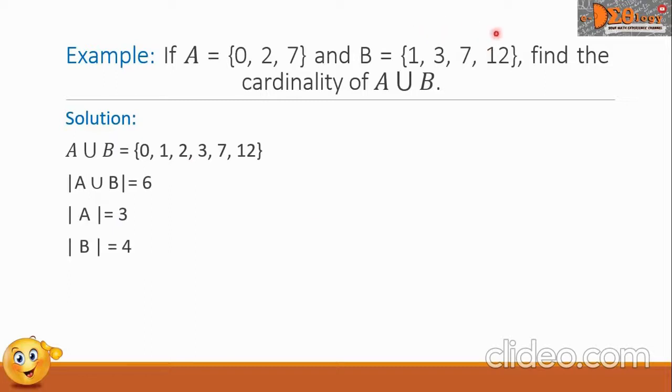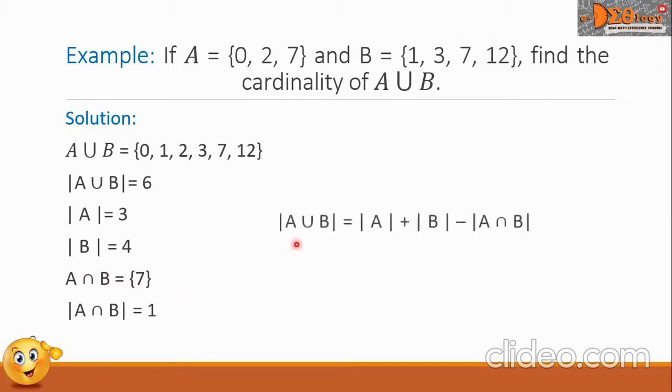There are 4 elements in the set B. The A intersect B equals {7}. We can see that the element 7 is common to both A and B. So the cardinality of A intersect B equals 1. There's only one element in the set A intersect B.